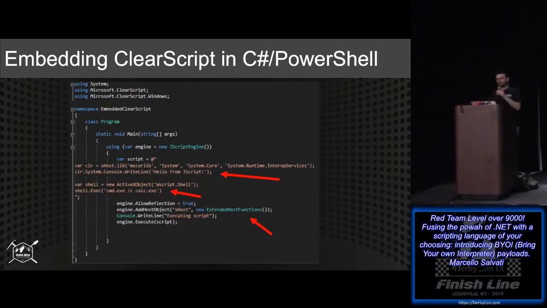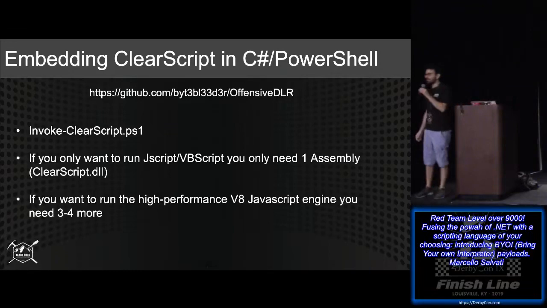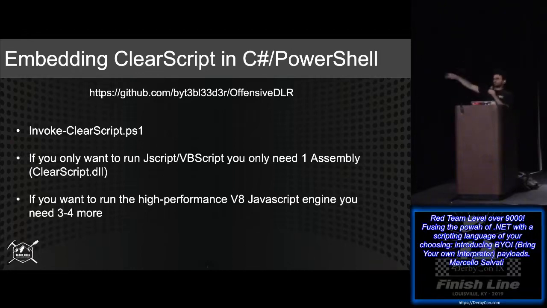So this is an example of embedding ClearScript within C# and PowerShell, and we're calling the ActiveXObject WScript.Shell, and we're just executing calc, right? What I'm going to be demonstrating here is Invoke-ClearScript.ps1, and I'm using PowerShell because it's just easier than compiling stuff live, which is probably not a good idea. You can use VBScript if you want, and this embeds ClearScript within PowerShell, right?